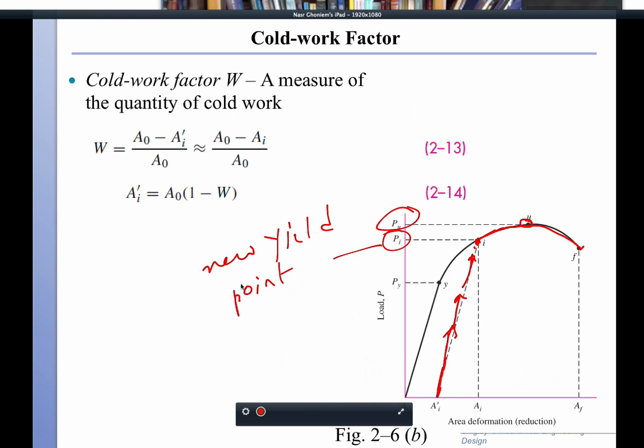We can also figure out how to compute the new value of the yield strength of the material. In order for us to do that, we're going to do a little bit of math, and that's what I'll describe here.